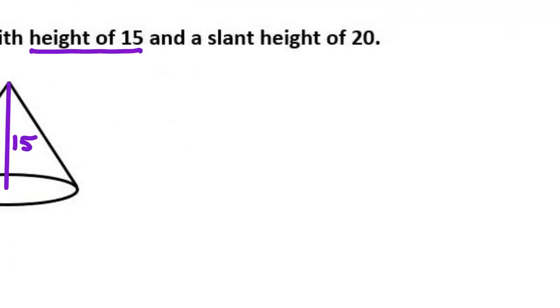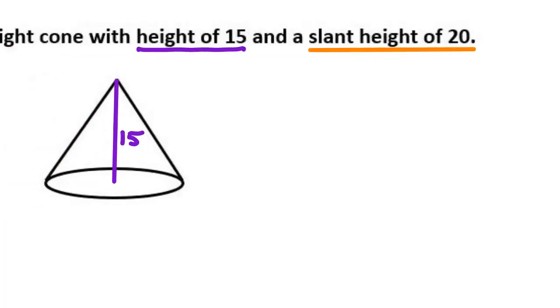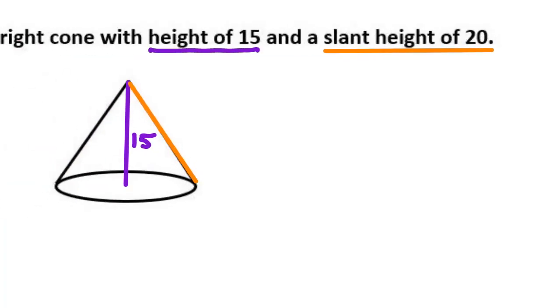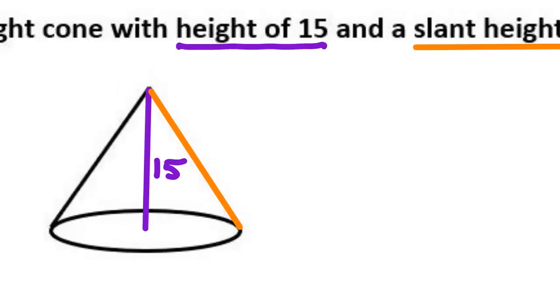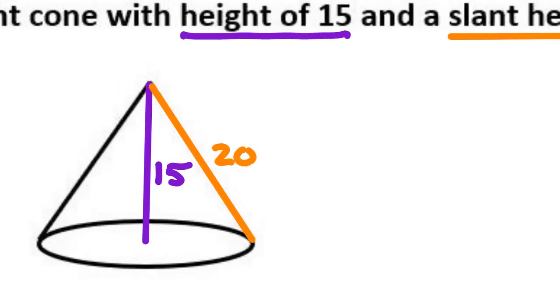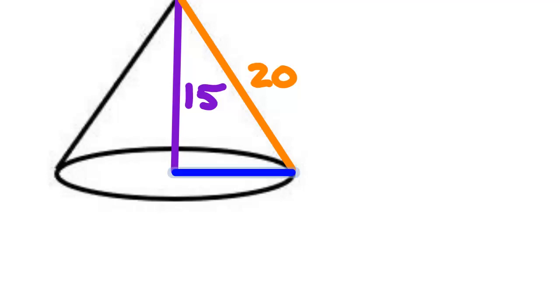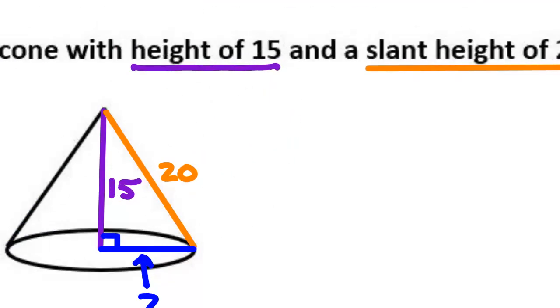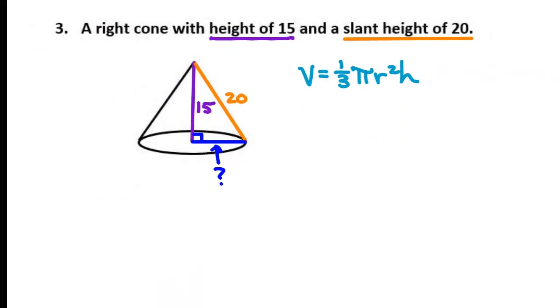And our slant height is 20, so that would be from the vertex down to our base edge. And we don't know our radius. Do we have enough information to find the volume? No. 1/3 pi r squared times the height, and we don't have that radius.